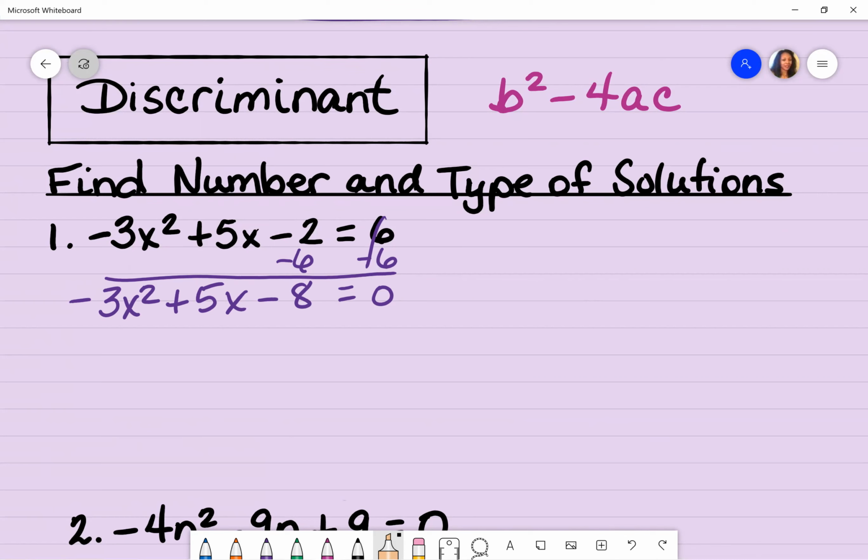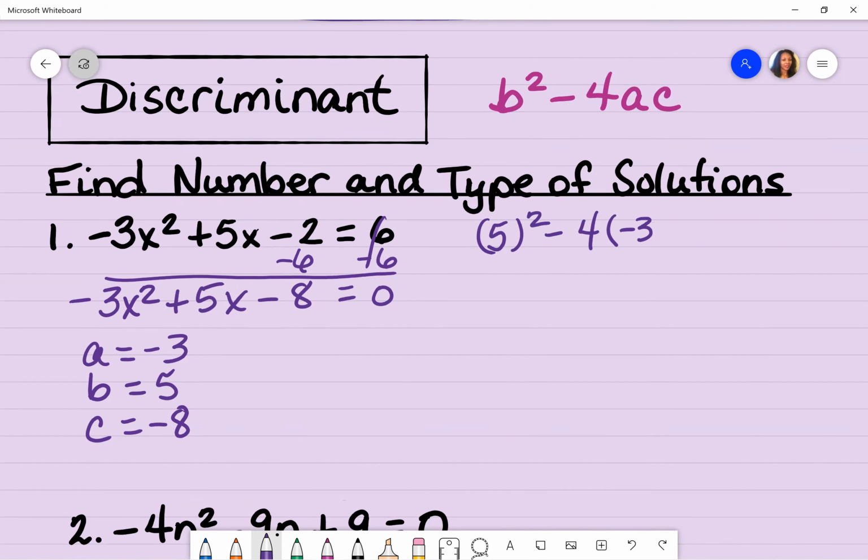At this point, you want to identify your A, B, and C. So A is equal to -3, B is +5, and C is -8. Just substitute it in the formula that's shown. That's your discriminant formula. Over to the side, I'm going to write 5 squared minus 4 times -3 times -8.